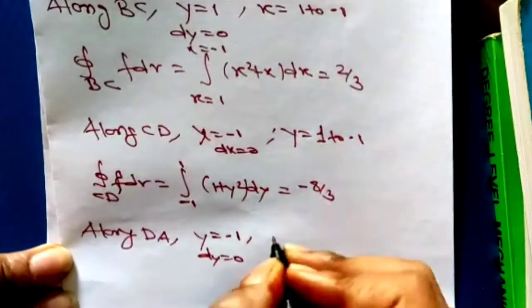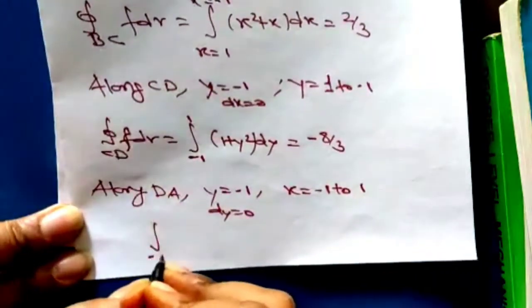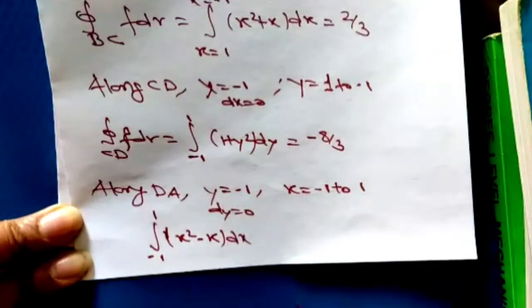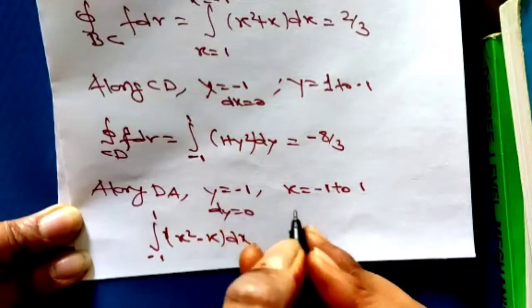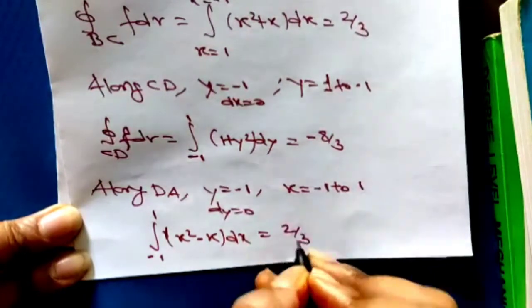So dy becomes 0 and x is varying from -1 to 1. Integrating x square minus x from -1 to 1, by putting y equal to -1 and dy equal to 0, we get 2/3.